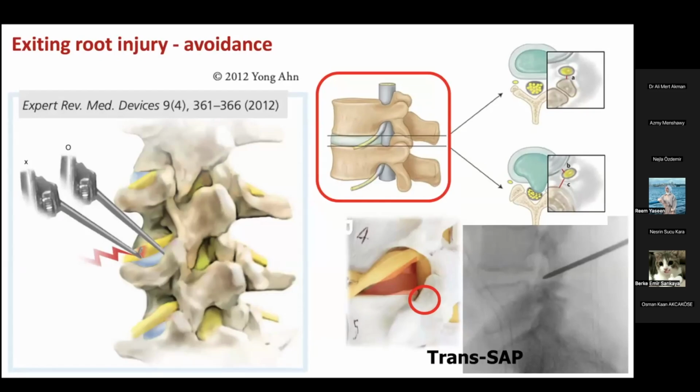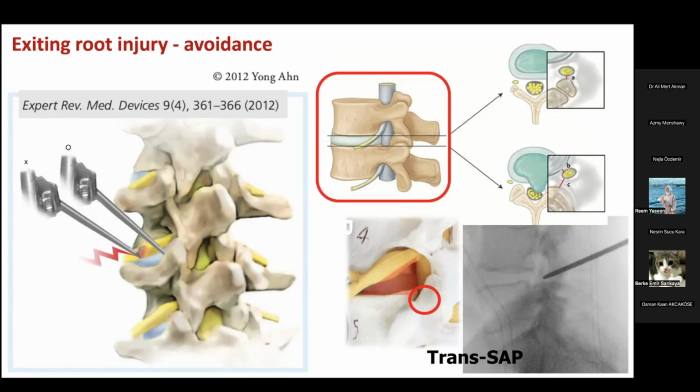One of the easiest and safest ways to decrease the risk of exiting root injury is using a trans-SAP approach for transforaminal procedures. If you look into the Campbell's triangle, the ventral part of the SAP is the spot which is most far away from the nerve root, which means this is the safest point. So if you do a trans-SAP and ream or drill out a little bit of the ventral part of the SAP, there's a much larger chance that you are getting away from the nerve root and it's a much safer procedure and lowers the exiting root injury risk.